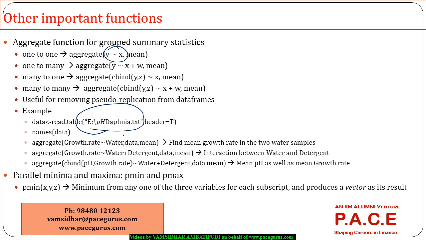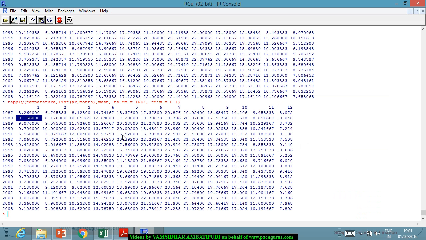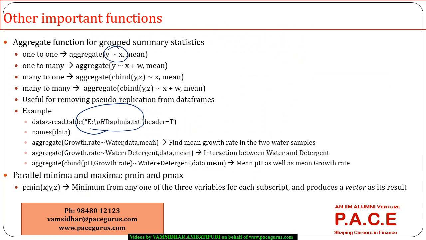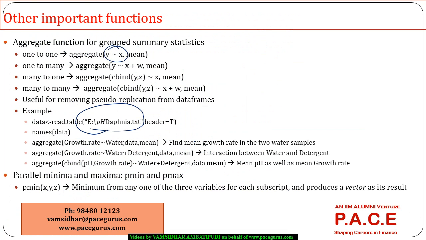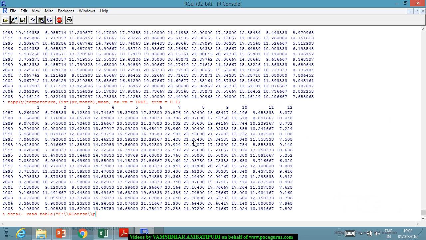So let me load this single data file. Let me call that data file data again, with read.table. I am doing a read.table on E colon, where I have the R course folder, and within that I am taking the file called phdapnia.txt.